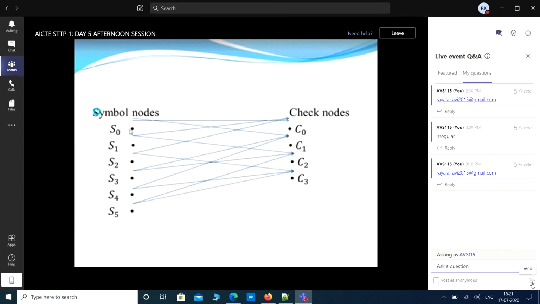It is a 2-directional flow of information. C0 is connected to S0 and S1.